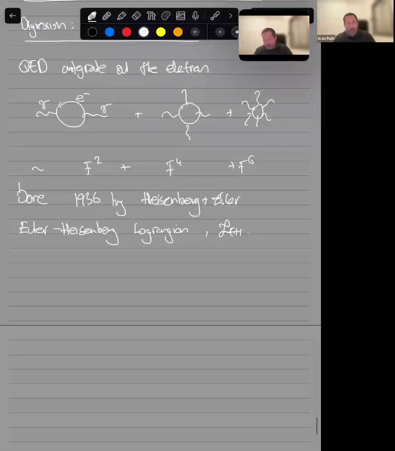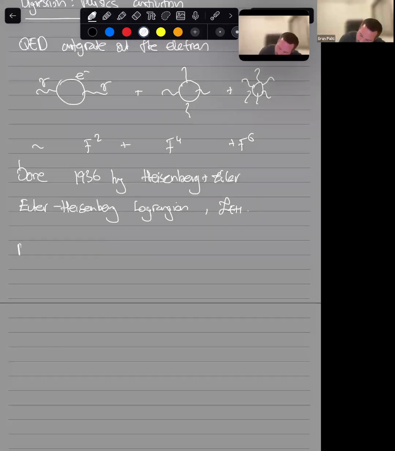Now, it turns out that you can actually resum all these terms, and the Euler-Heisenberg Lagrangian then looks not that dissimilar from the expression that we get. You get 1 over sinh in that Lagrangian, and then you get poles, just like we had in our analysis.